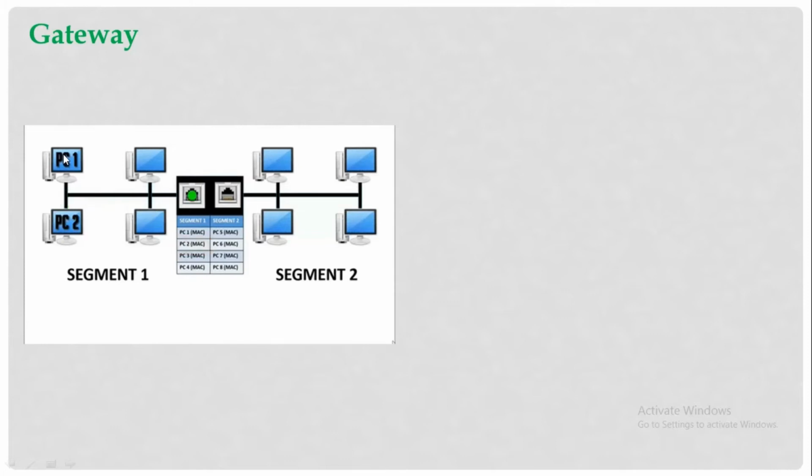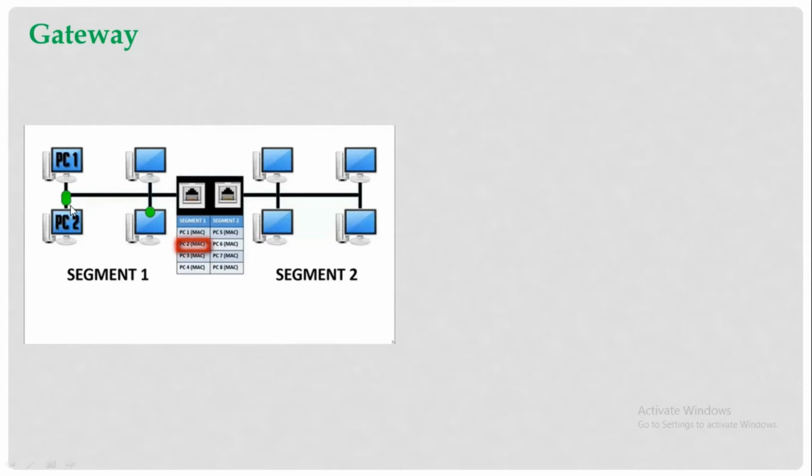So when PC1 has to transmit information to PC2, PC1 transmits the information directly to the gateway, and this gateway identifies the MAC address or the destination address and forwards the packet to the destination address.